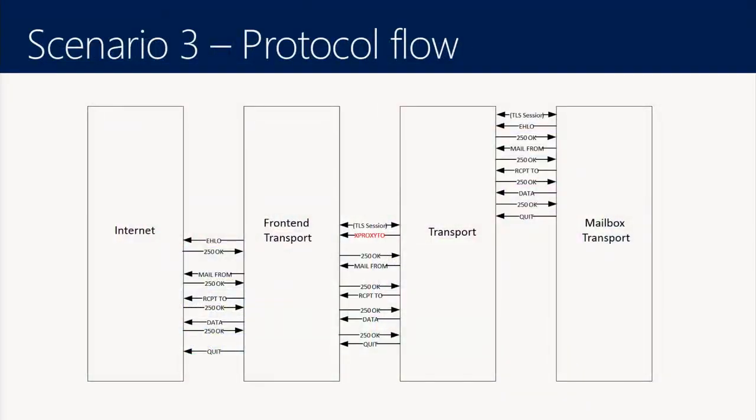Protocol flow here is very similar to what I showed in the first example, but is just the reverse. We start at the mailbox transport component. We establish a TLS session for SMTP to the transport service. We do our hello, our mail from, our rcpt to. We send the data. The transport service, once that message is queued, will then establish a TLS session with a front-end transport service.